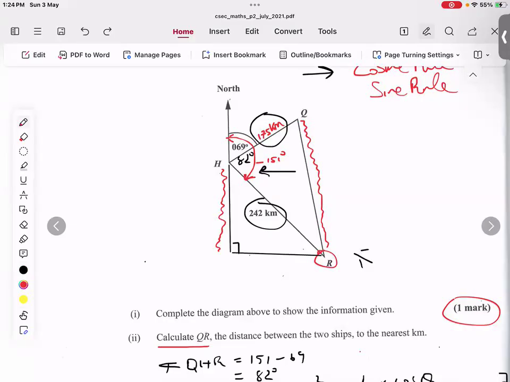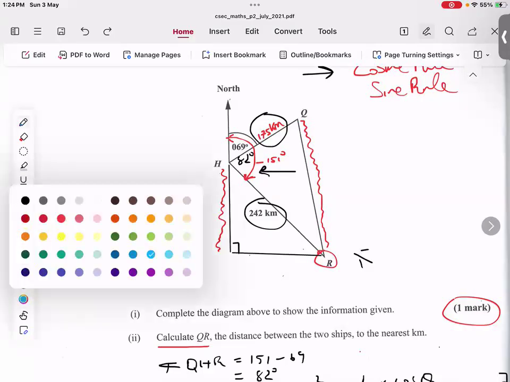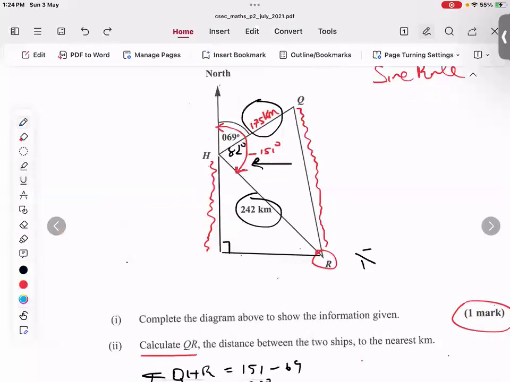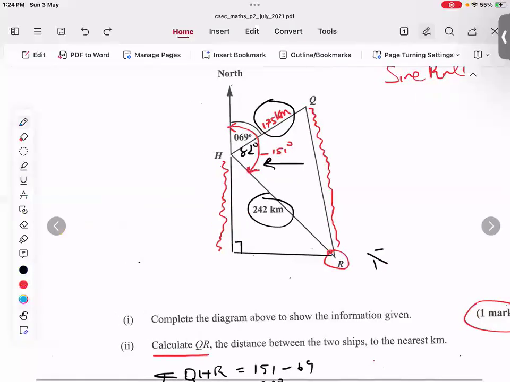Now watch this, guys. This is such a nice question. Well, the temptation is the Pythagoras theorem, but you would need this side to use it. What you need is to use a ratio, because you have an angle right here.